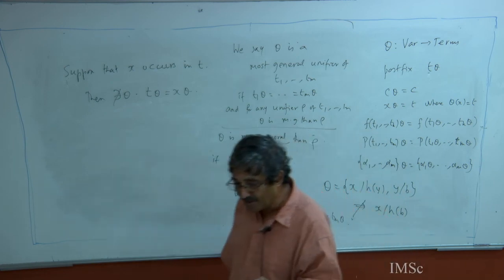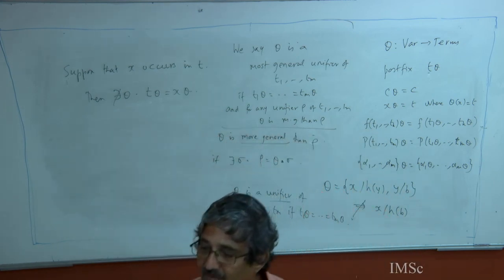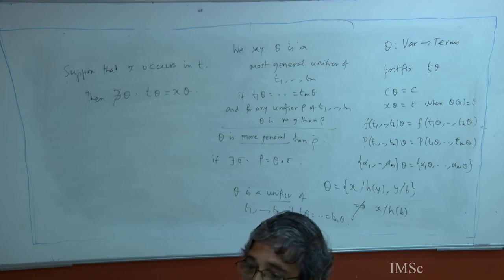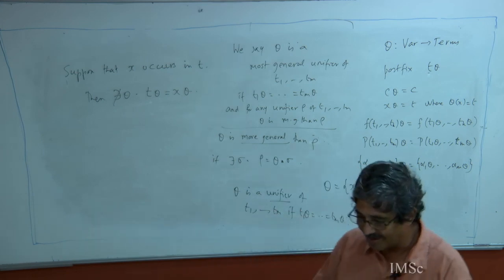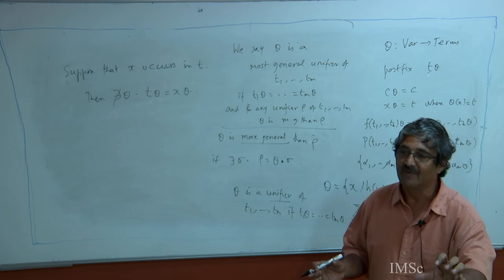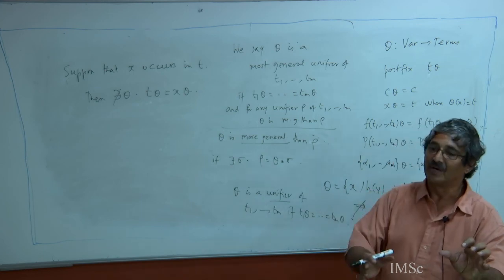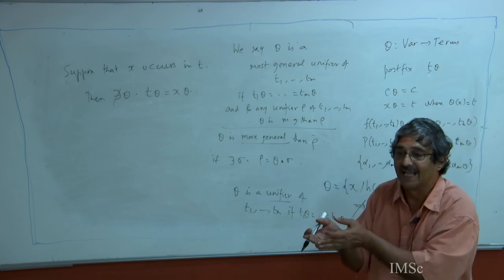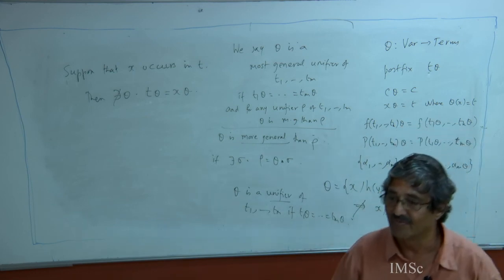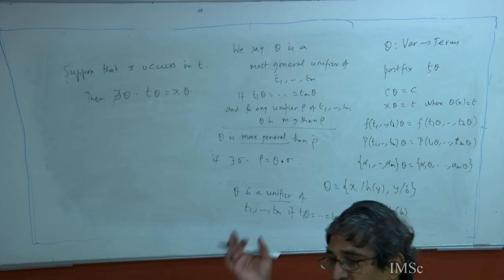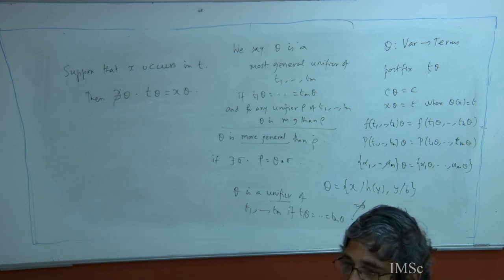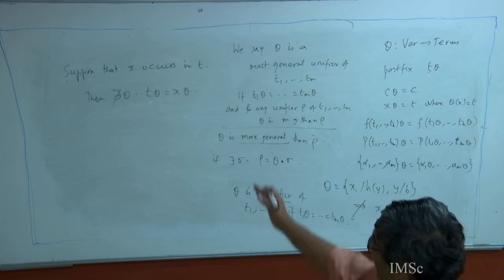So when you are trying to check if two terms are unifiable or find the most general unifier, if it exists, an important thing is to check whether you are taking a variable y and trying to substitute it by a term t where y is already sitting there. You can't have that. If you take a variable and try to substitute it by a large term which has got y sitting inside it, you won't be able to find the unifier.